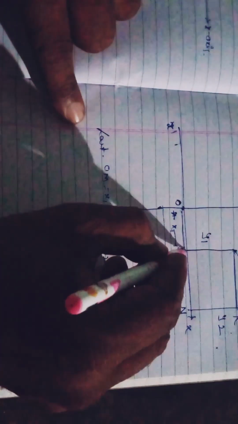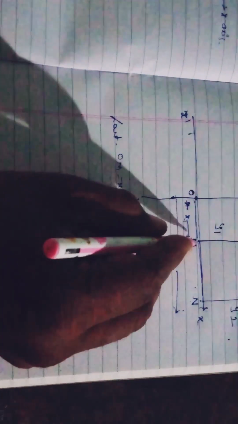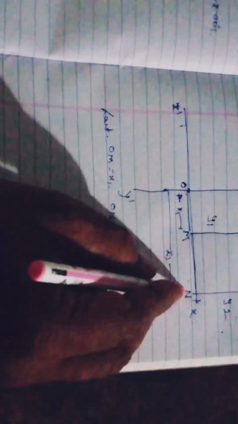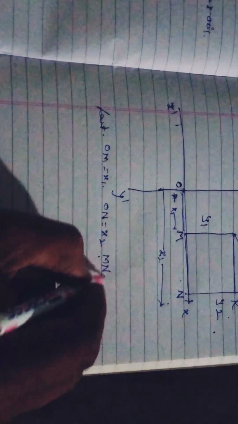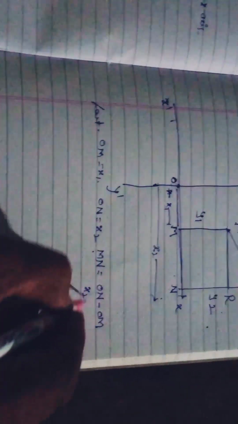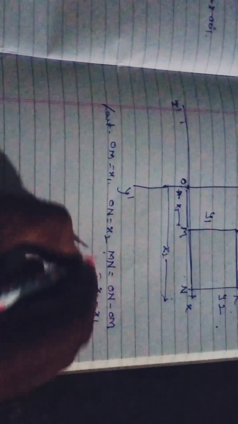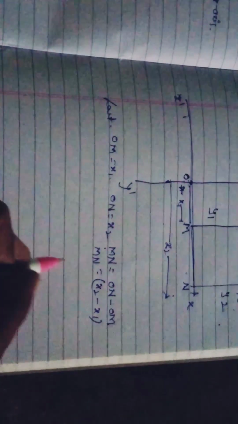We want to find the distance MN. MN is equal to ON minus OM. ON means x2 and OM means x1. Therefore, MN is equal to x2 minus x1.